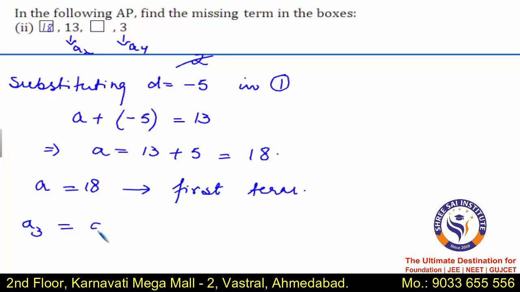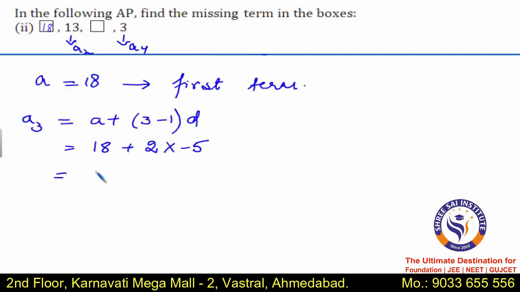Third term of an AP is given by A plus 3 minus 1 into D. Now A, which is the first term, is 18, plus 3 minus 1 is 2, multiplied by D is minus 5. So we have 18, 2 into minus 5 is minus 10, so we have 18 minus 10, and this is equal to 8. Hence the third term is 8.